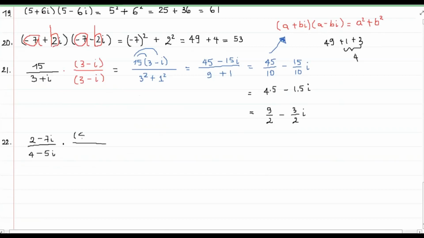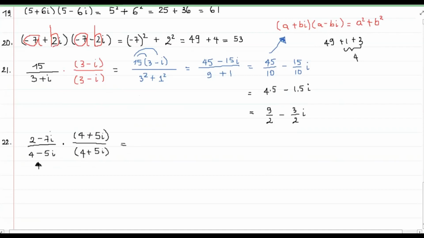So 4 plus 5i, because this one right here is 4 minus 5i, and it's going to be multiplied by the opposite, right? So 4 plus 5i.